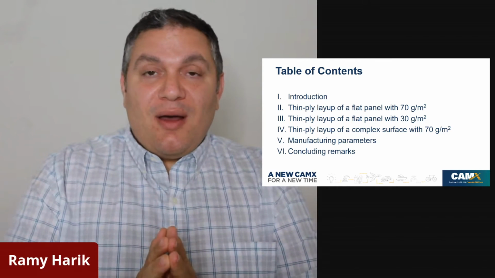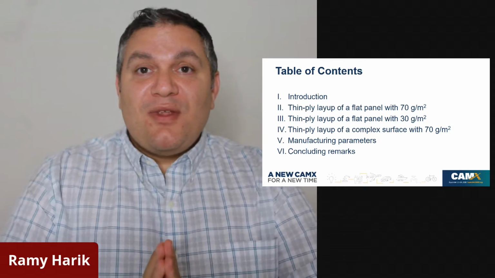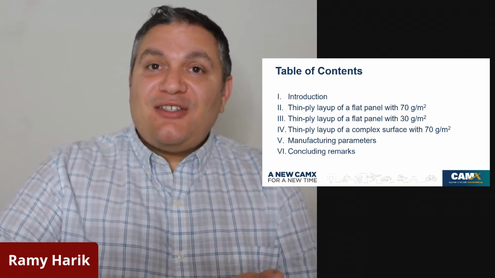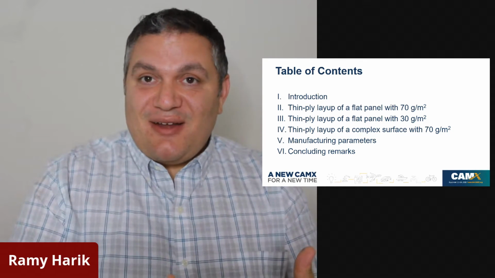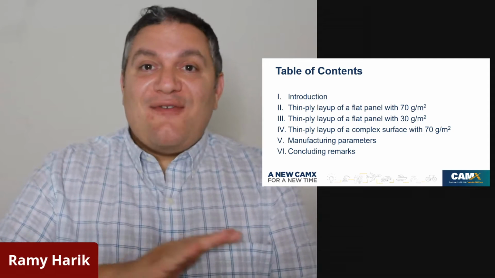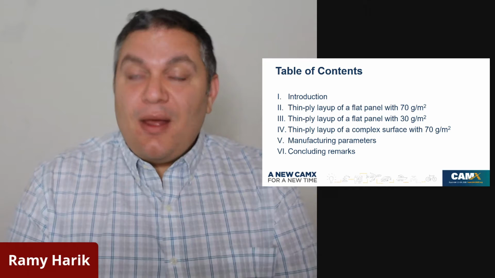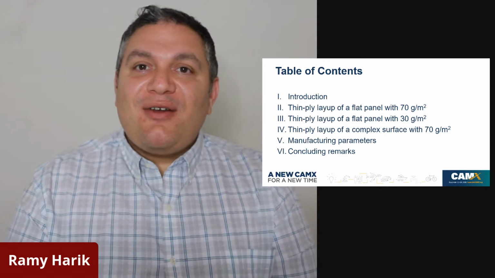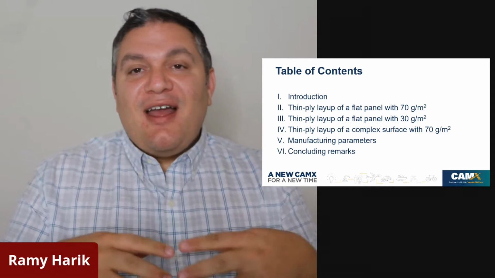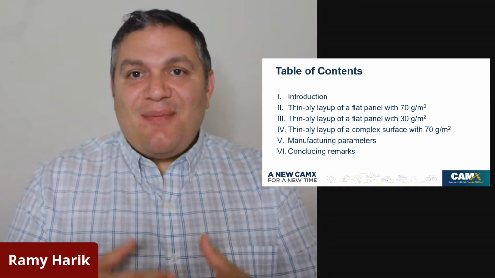We're going to talk about the exploration when it comes to laying on a flat geometry with 70 GSM, also using a flat panel for 30 GSM, but also we are going to take a look into the complex geometry and 70 GSM and the trials.